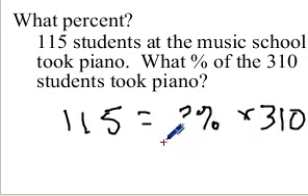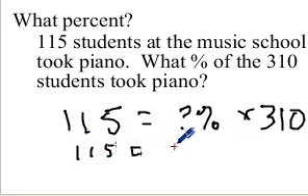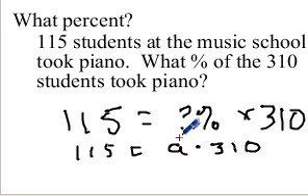If you remember from your algebra, we've got something like 115 is equal to an unknown times 310. So to find our unknown, we divide both sides by 310, and that will give us our unknown.